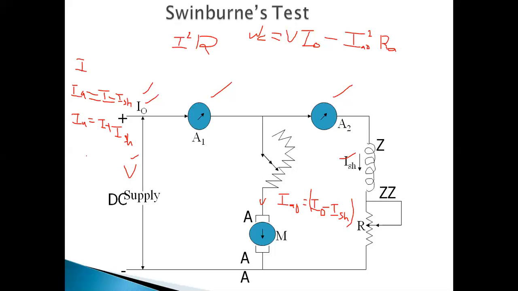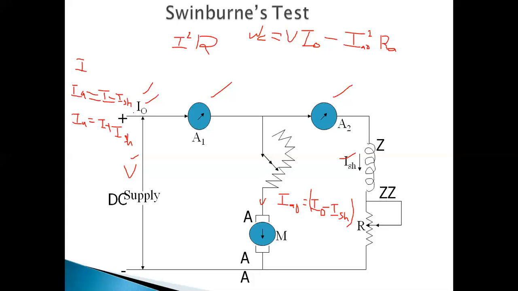Now I will explain how to calculate the efficiency when the machine is motoring on load. The power input at no load is V into I naught.